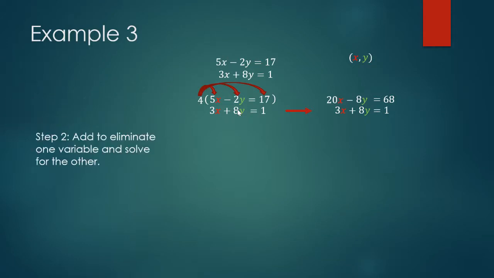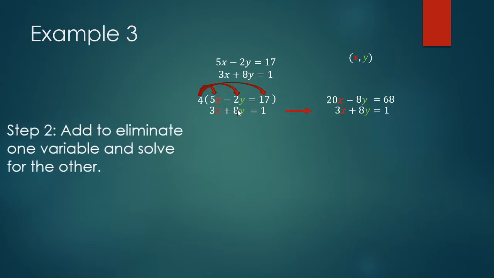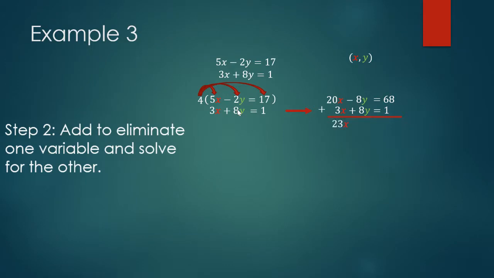Step number 2, add to eliminate one variable and solve for the other. So I'm going to draw my line and put a plus sign. 20x plus 3x is going to be 23x. Negative 8y plus 8y is going to be 0 pair equals 68 plus 1 is going to be 69.